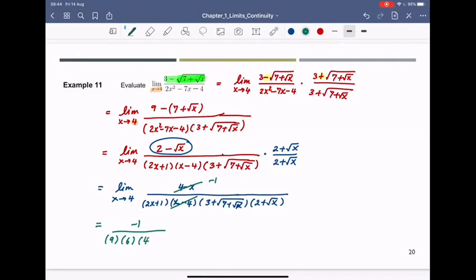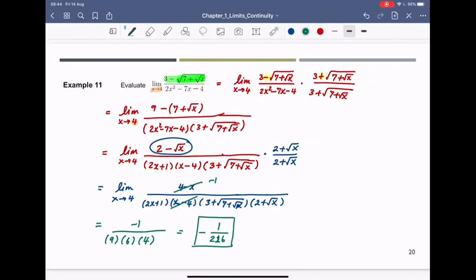So you compute this thing, and you get negative 1/216. All right, this is your answer. So you have to use the conjugation two times to complete this problem. That is a good practice for using conjugation two times.